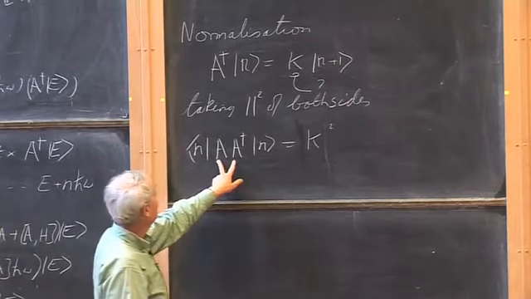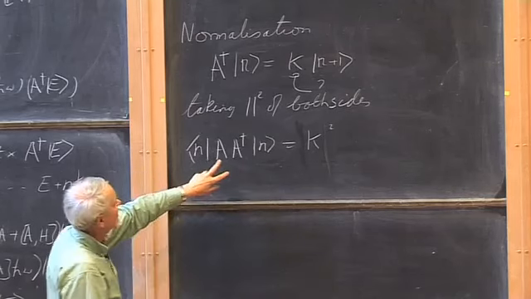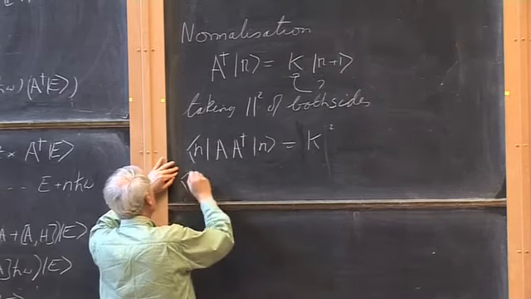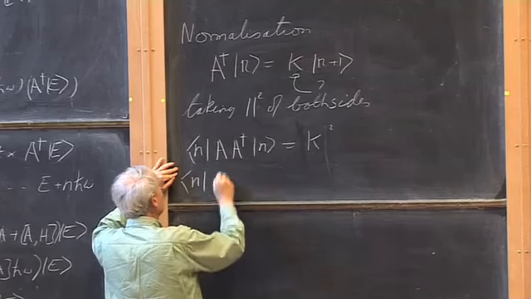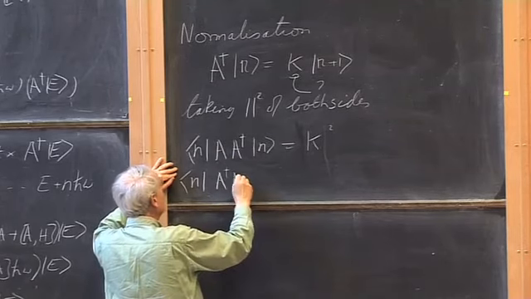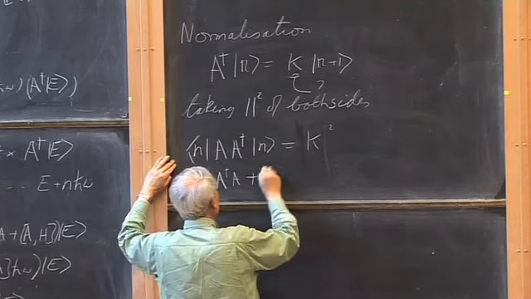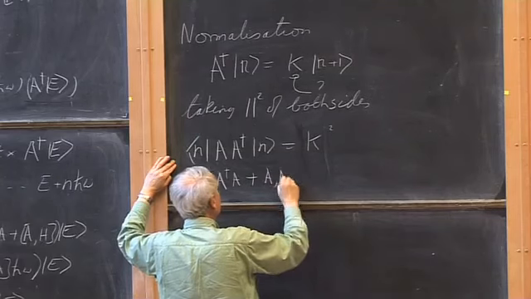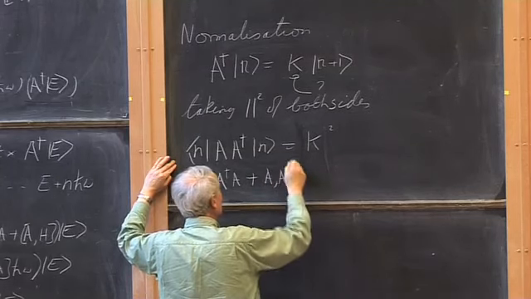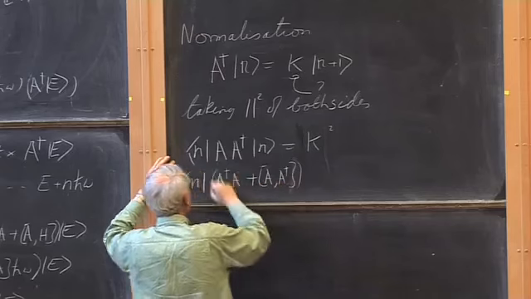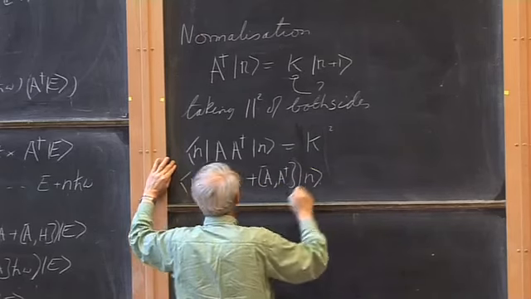And let's ask ourselves what this is. If I swap this over, I want to swap this over because then I can relate it to the Hamiltonian. Then I have to add on a commutator [A, A dagger]. So that's that rewritten.